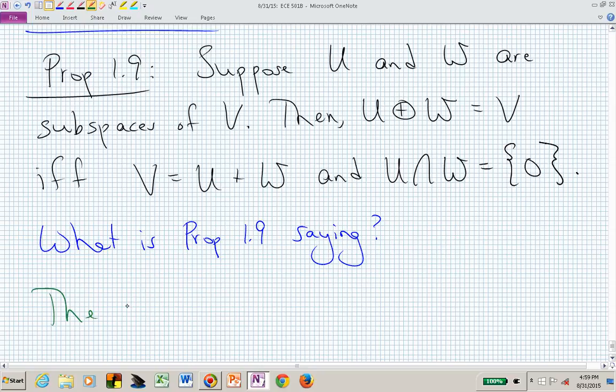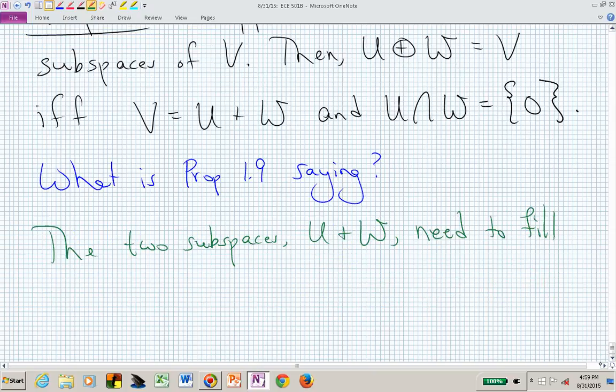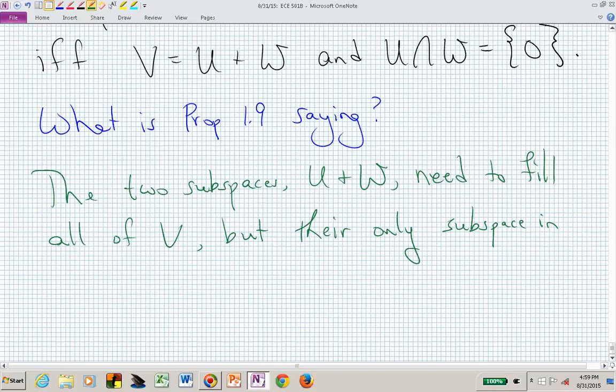The two subspaces U plus W need to fill all of our vector space V, but their only subspace in common is the origin, or the zero vector.